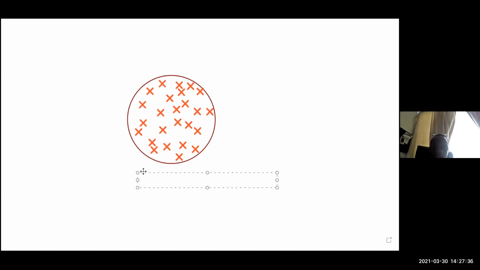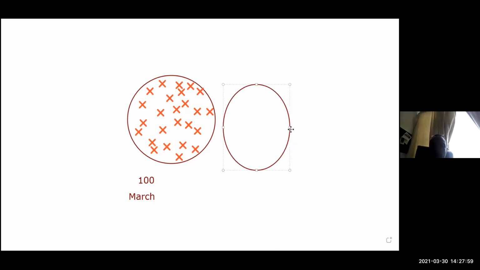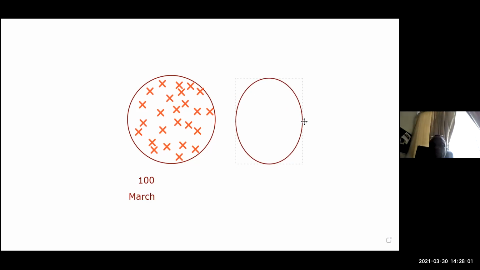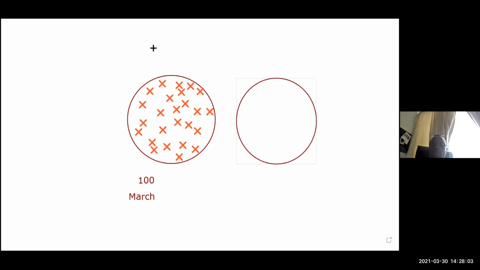Okay, so let's say the average price for the basket is 100. Let's say this is the cost of the basket, the average price level, in March. Come April or the next month, if you are doing month on month, you can go around again and check the prices of the same items.